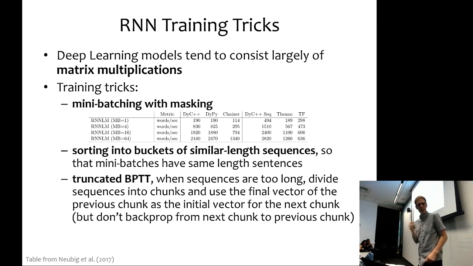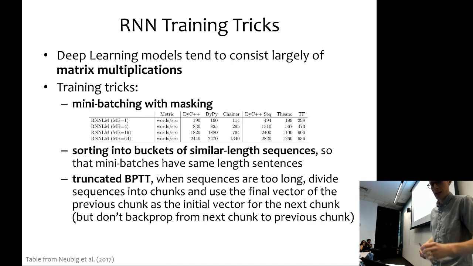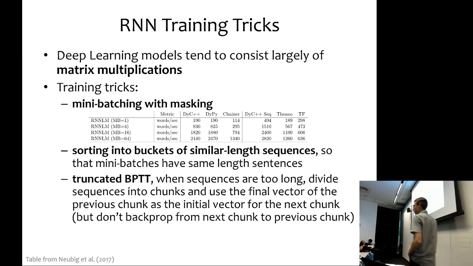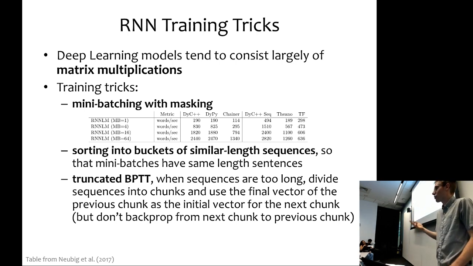I think you guys are probably going to talk about masking in recitation 1 for the homework. It's also called padding. Essentially, what I want to highlight is that the size of the mini batch can have a really dramatic effect on the speed of your RNN.